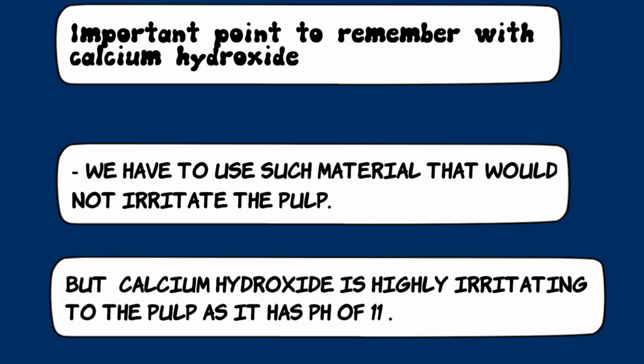But the calcium hydroxide that we normally use is highly irritating to the pulp. Why is it highly irritating? Because its pH is 11, which means it is alkaline. So here the question arises: why do we use calcium hydroxide if it is irritating?